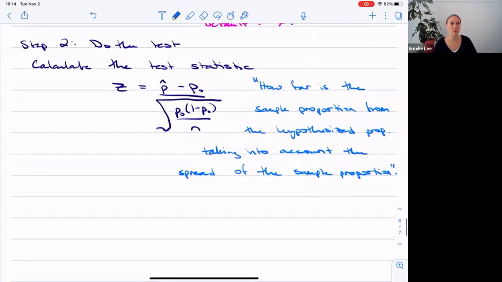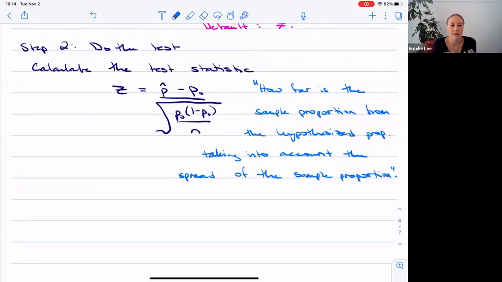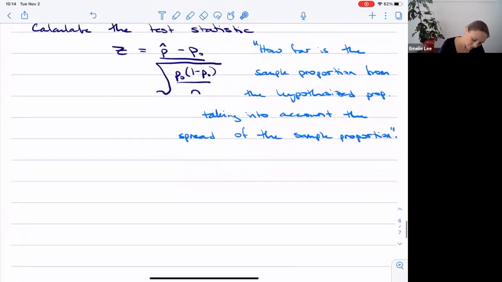Right, so that's what we're calculating here. How far is that sample proportion? If I assume that H naught is true, which says that p is p naught, then how extreme is this sample proportion, right? So it's going to end up somewhere in a tail somewhere, probably.